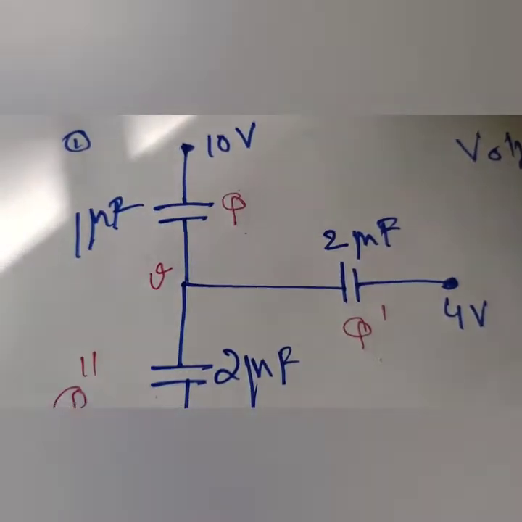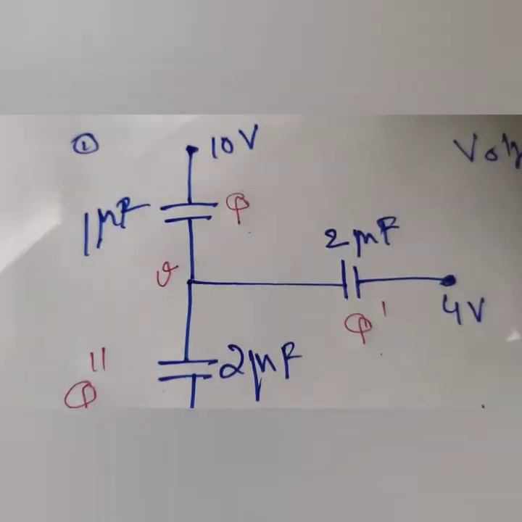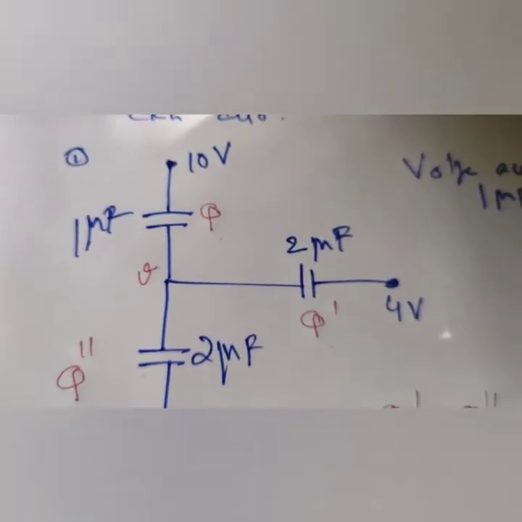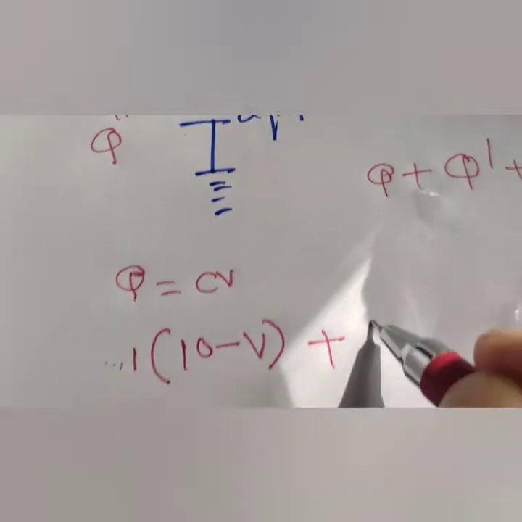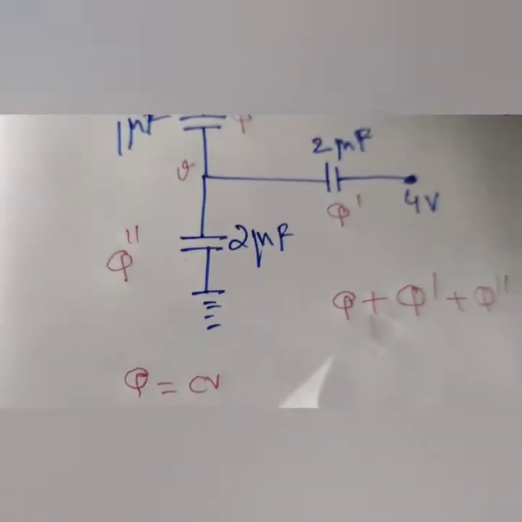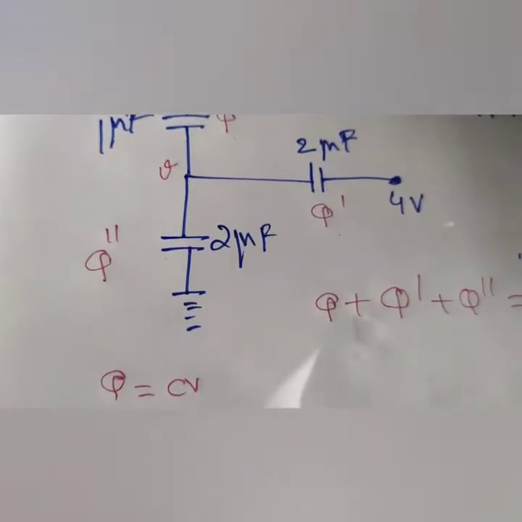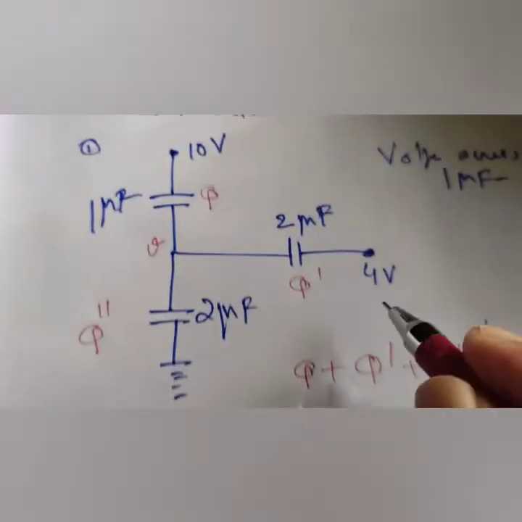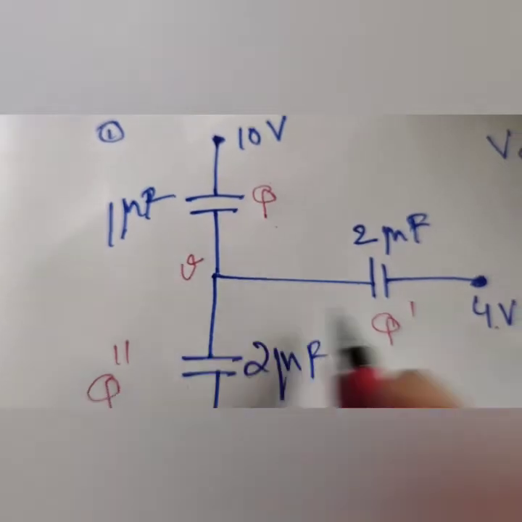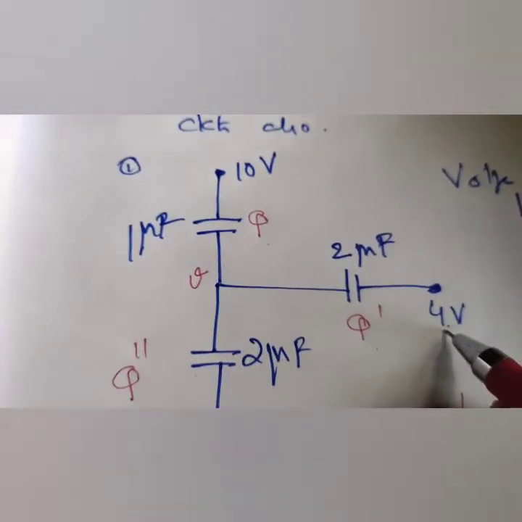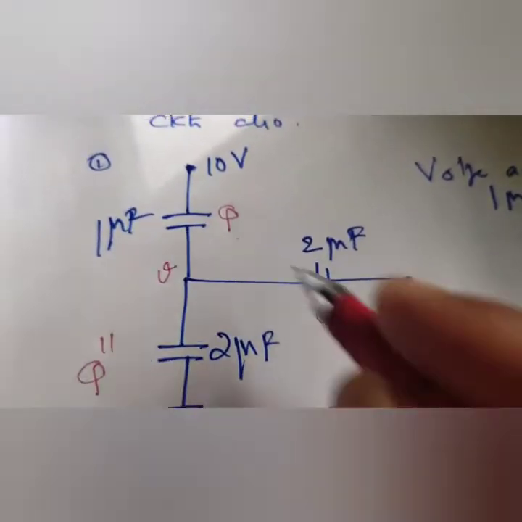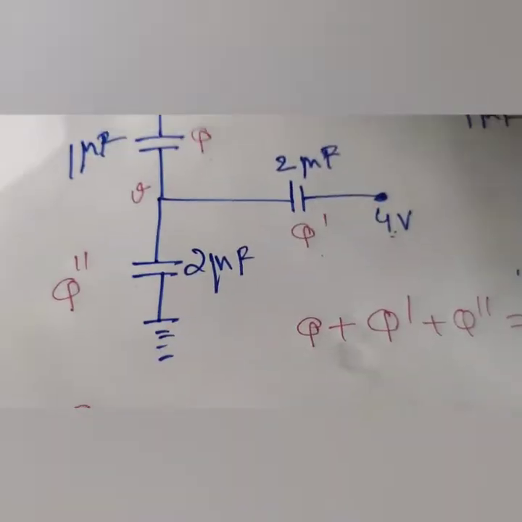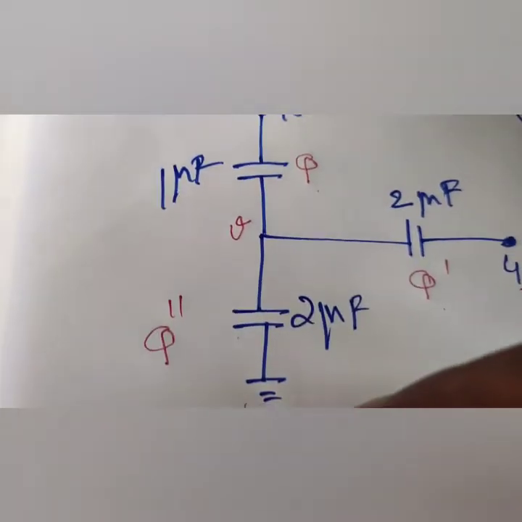So 1 into 10 minus V plus 2 into 4 minus V, where the voltage here is V. Here it is 0.